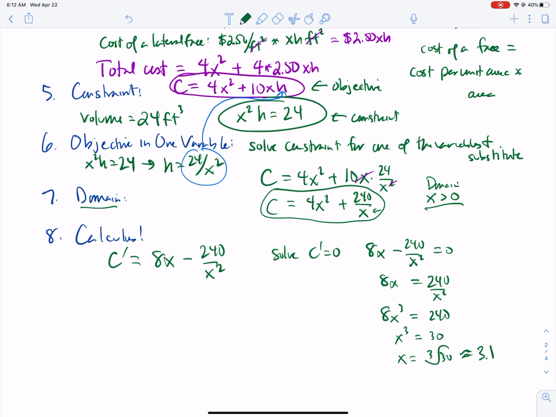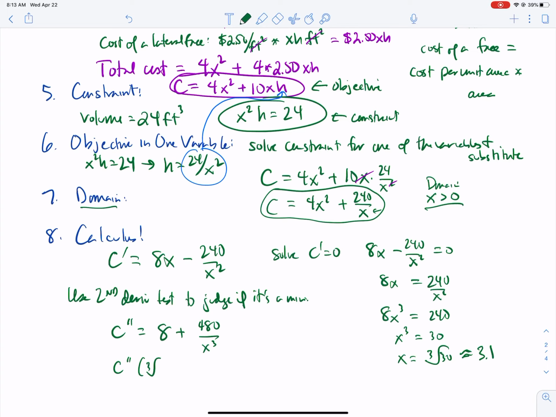But one thing that we want to be careful of is we always should verify that this is going to give us a minimum cost. And so I'm going to use the second derivative test, because I don't have a finite interval like I did in the first example. I have to use this to judge that a min is occurring here. And so C double prime is going to be 8 plus 480 over x cubed.